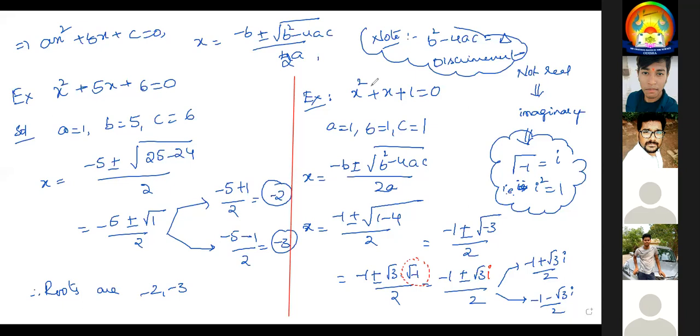Where is it updated? Because in the factorizing method we cannot get the imaginary roots. Very good. In the factorization method, we will not get imaginary roots.